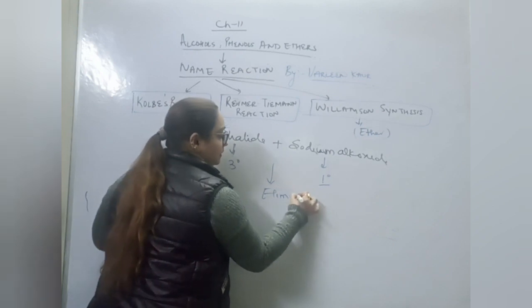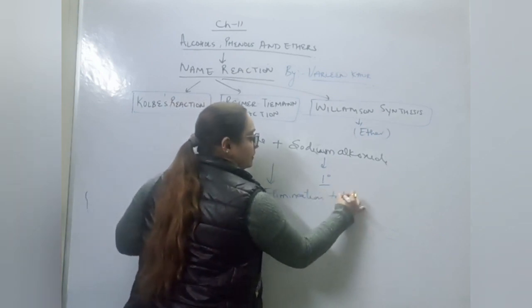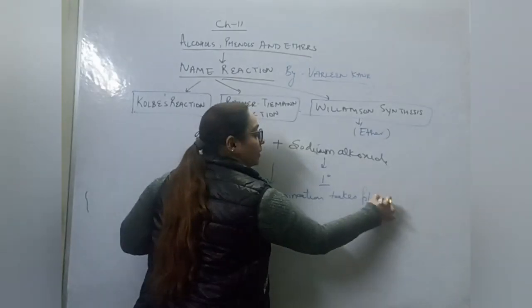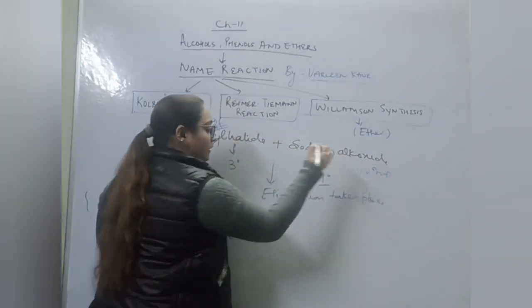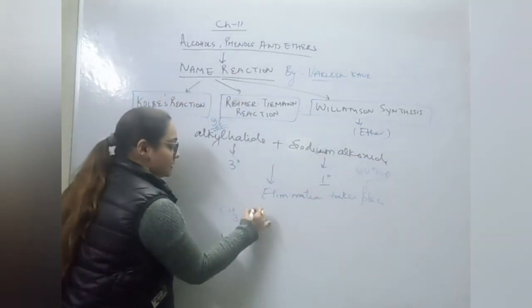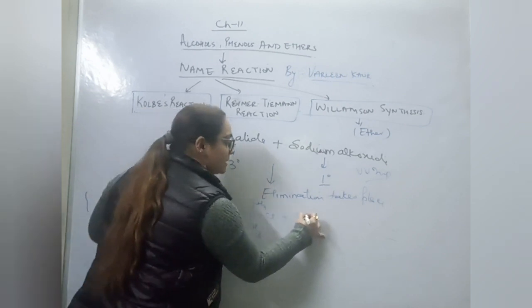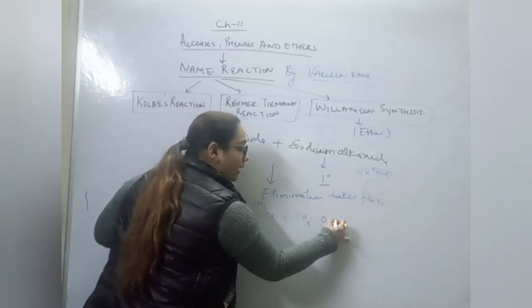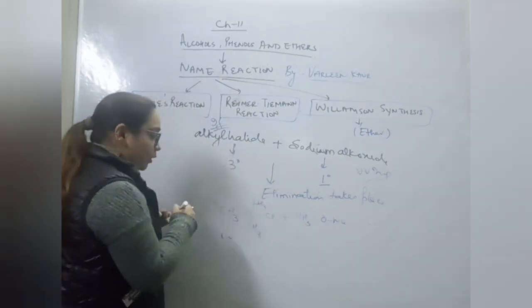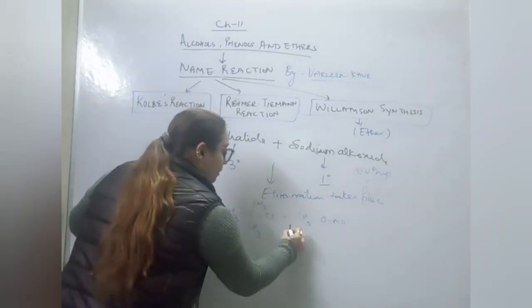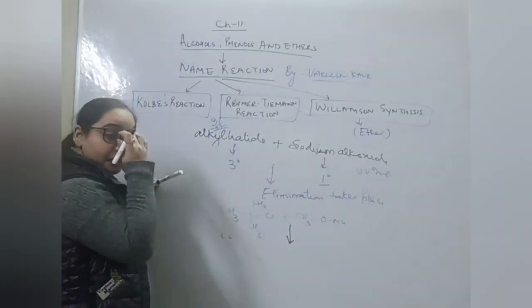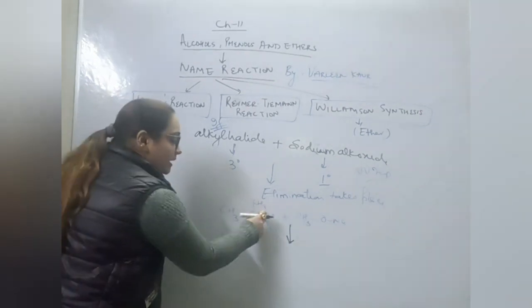Elimination takes place. Very, very important concept. Like CH3, CH3, CH3Cl, and we have CH3ONa. So what is the product formed? The product formed is, instead of giving ether, it will give us the elimination reaction.